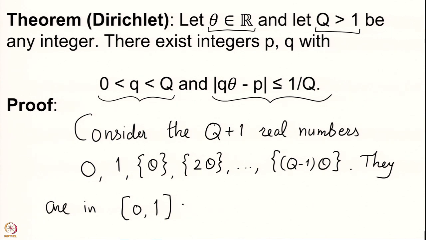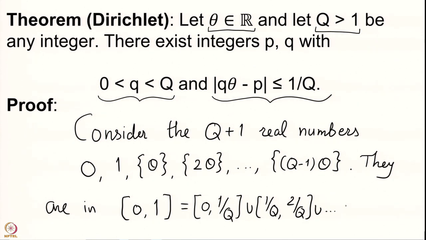So, we have these Q plus 1 real numbers, and we will put them in these Q subintervals. Similar to what we had seen in the decimal expansion, where we had divided each subsequent interval into 10 equal parts, here we are dividing our interval 0 to 1 into Q equal parts.